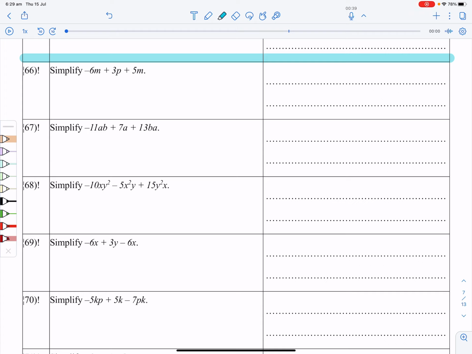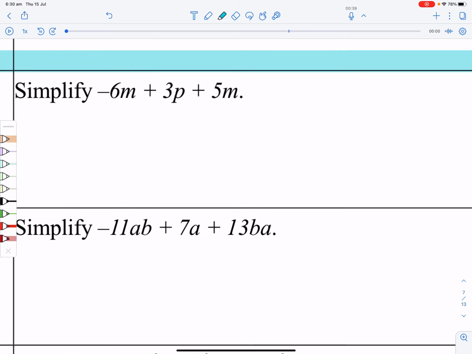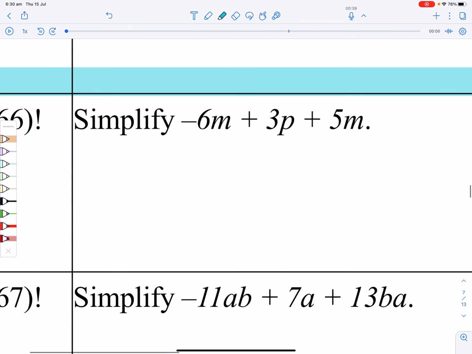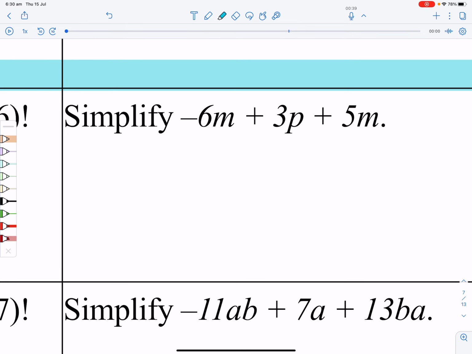Because before question 66, the questions were relatively straightforward. And even 66 onwards, if you pay attention and concentrate, it doesn't have to be any harder. Students that often have trouble with this get confused with the signs. So I'm going to show you how to avoid that problem.